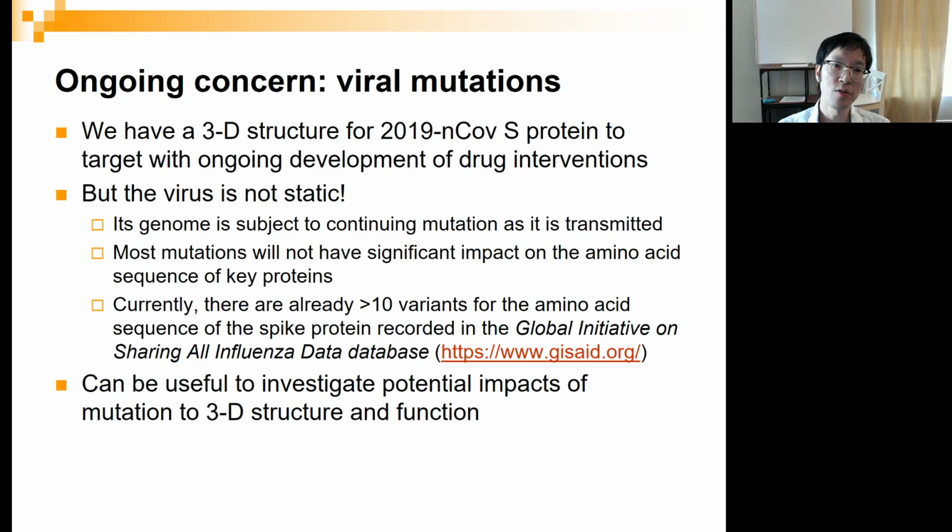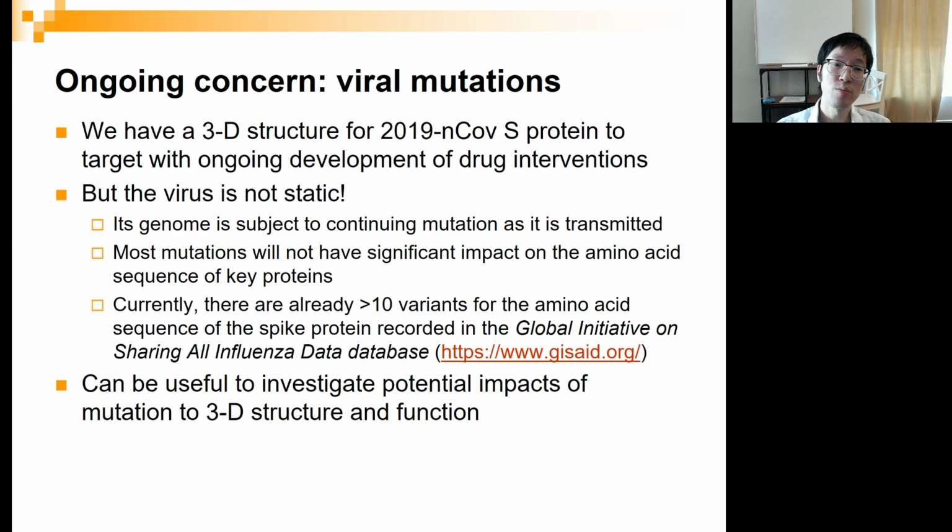But there's one twist to this narrative, and that's the fact that the virus itself is not static. What we mean by that is that the viral genome continues to mutate as it is transmitted. In other words, there are mistakes and substitutions and perhaps deletions or additions in the viral genome as it's passed from one person to another.